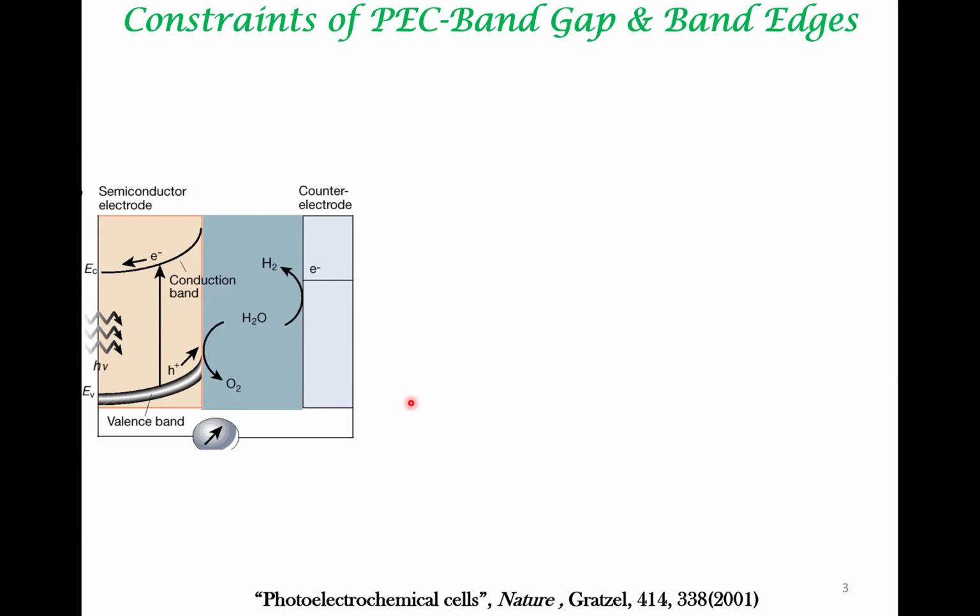First, we want to split water into oxygen and hydrogen. It's an endothermic reaction, right? So a minimum of 1.23 volts is required. If you want to split water in a water electrolyzer, the minimum bias based on thermodynamics that you need to apply is about 1.23 volts.